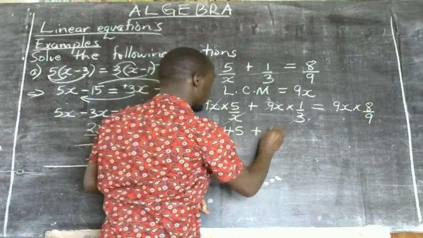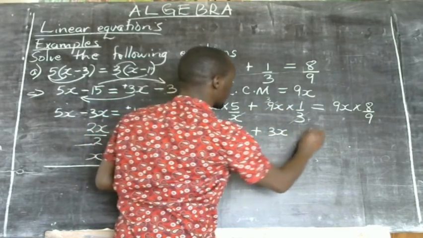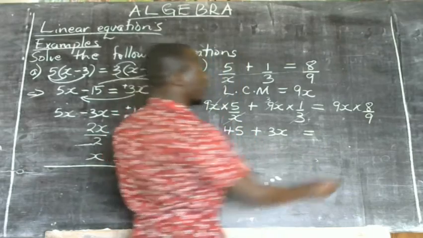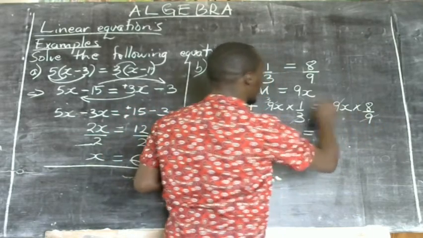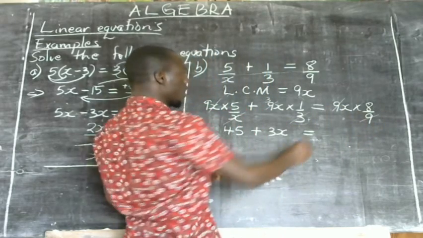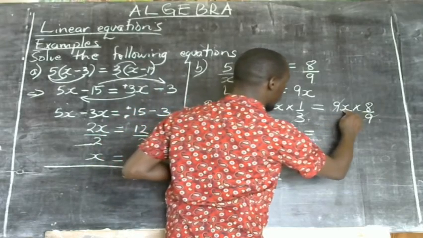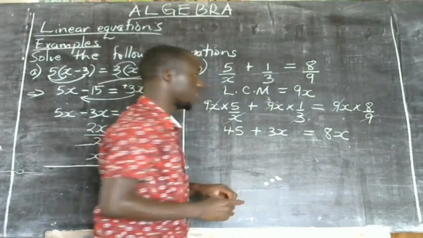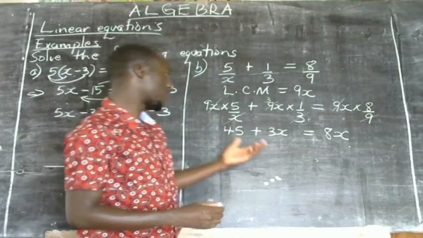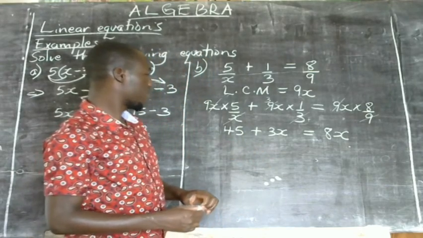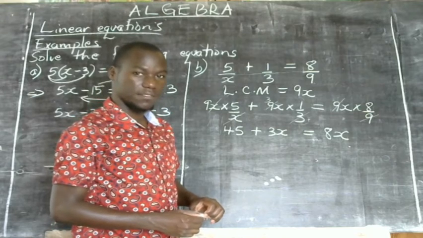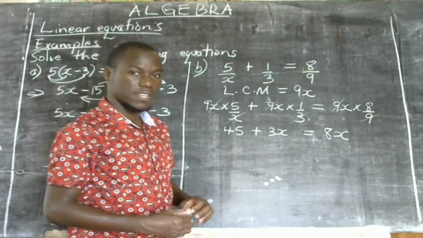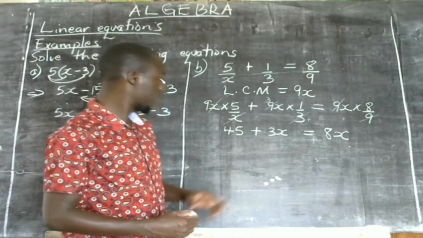And that one gives me plus 3x is equivalent to, the 9 is going to reduce the 9. And then we shall be having x times 8 to have 8x there. So now I've eliminated my denominators there, or I've eliminated the fractions there.